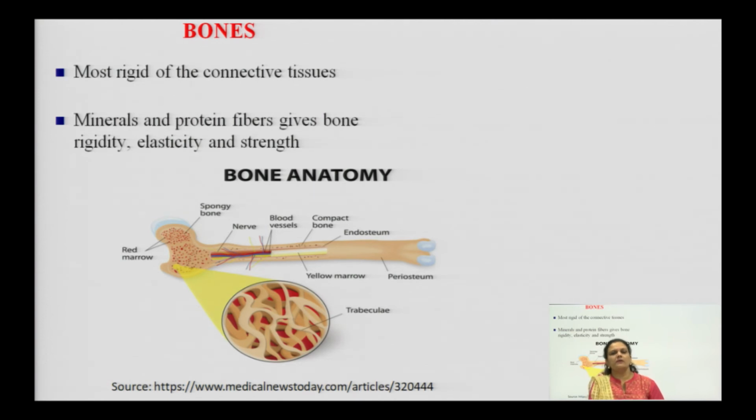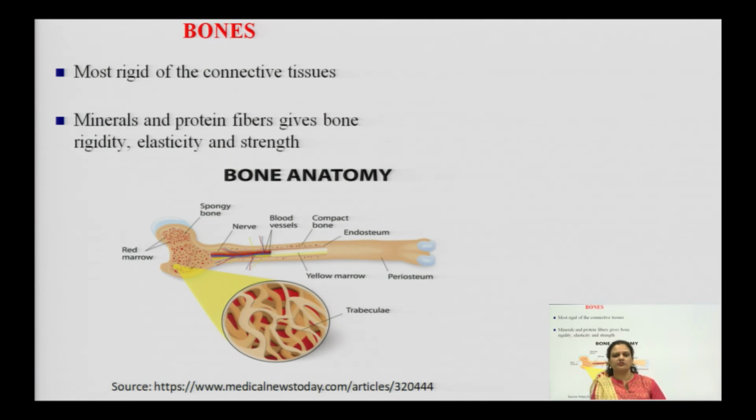Now coming to the bone connective tissue. Bone is the rigid part of our body. The skeletal system is composed of different types of bone inside the human being. So bones are the most rigid part of the connective tissues. For the formation of bones, we need different types of cells, for example osteons, osteoblastic cells, osteoclastic cells.